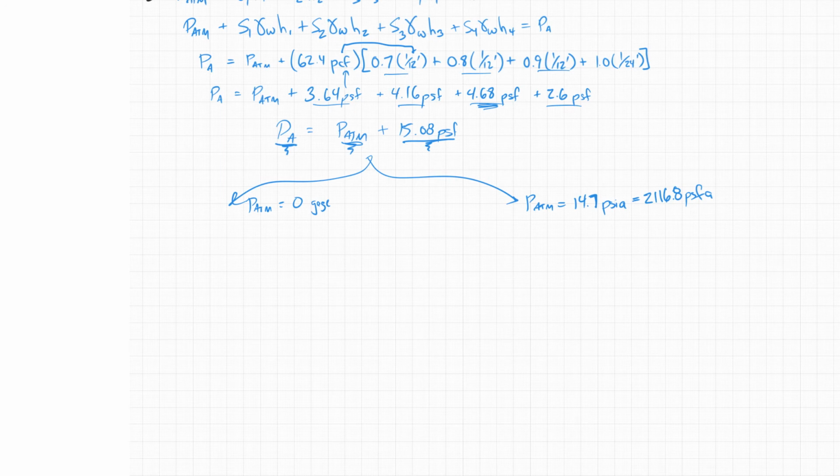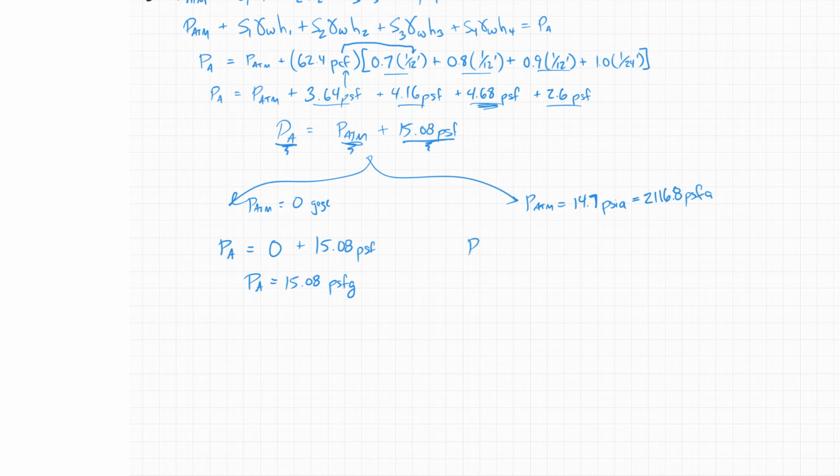So if we plug in zero gauge, then PA equals 0 plus 15.08 PSF, and so PA equals 15.08 PSFG. The G is usually understood. That's a pretty standard way to do this.